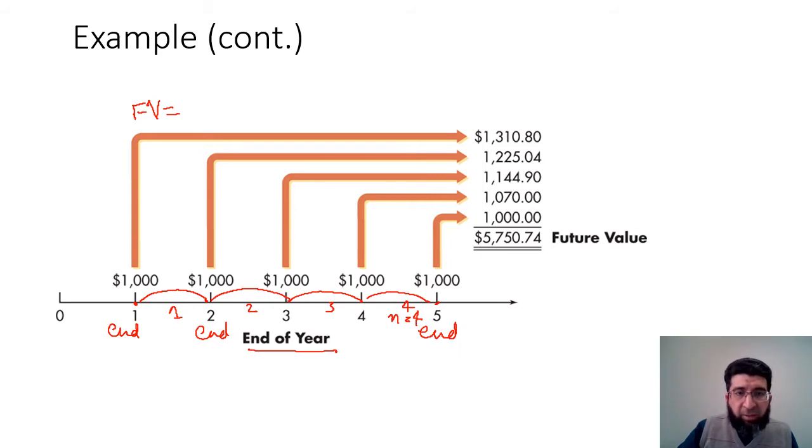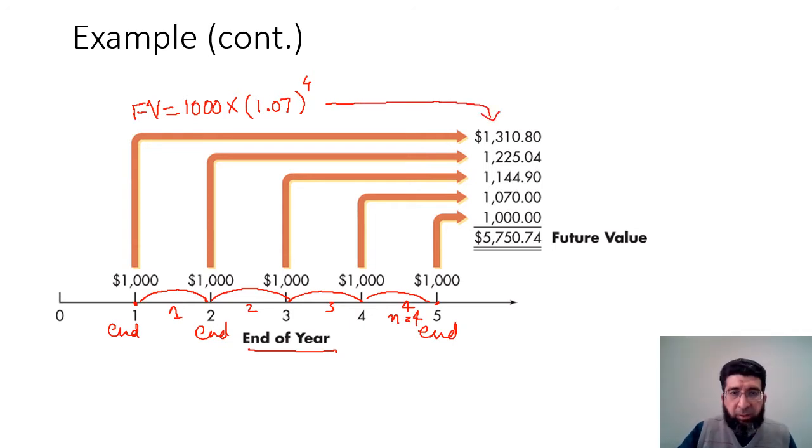Then we have present value, which is 1000 multiplied by 1.07 raised to the power 4, and that will give us the value 1310.80.